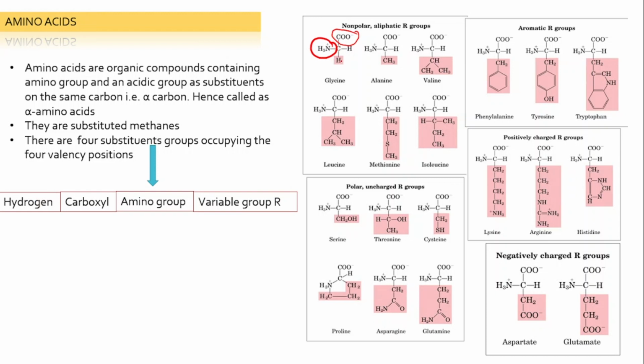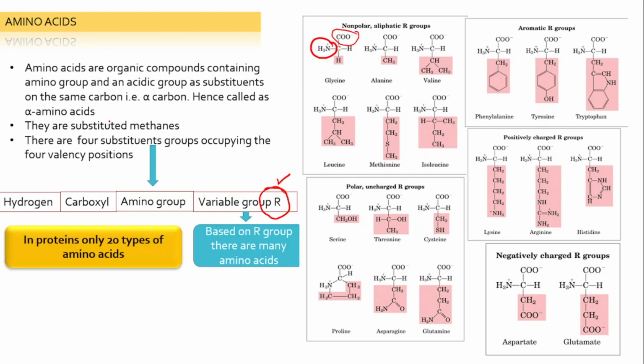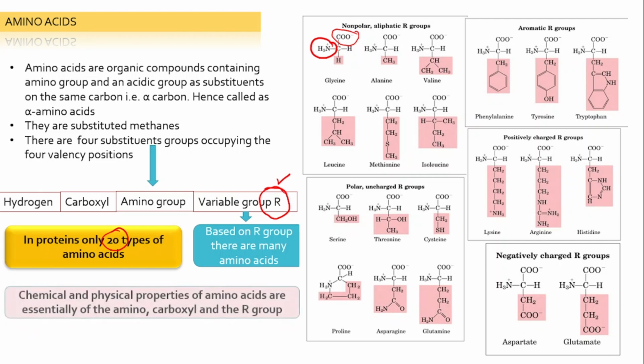You can see here the variable R group. The R group may be a monomer or many monomers joined together. Based on the R group, there are many amino acids, and in proteins only 20 types of amino acids are studied.